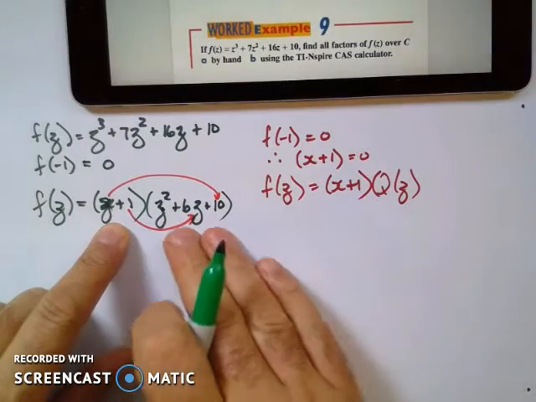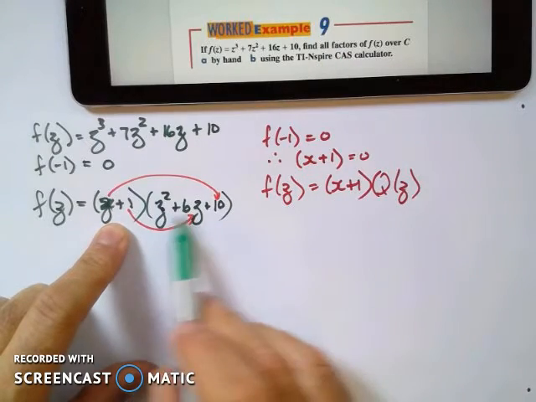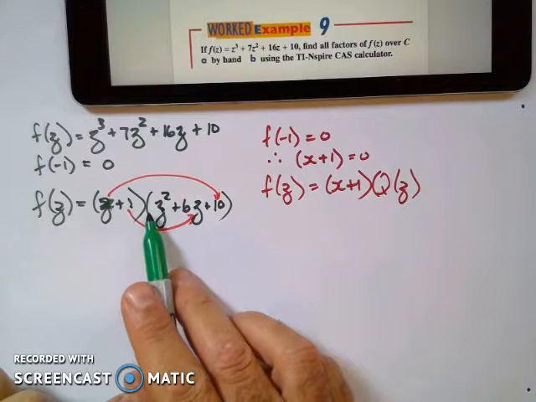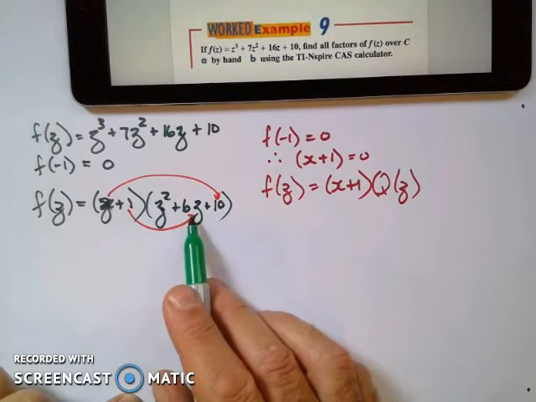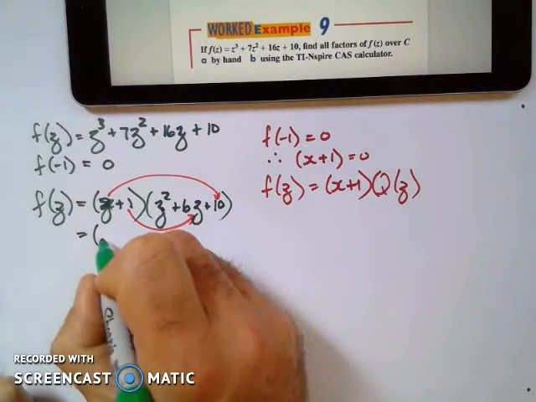So we know this is a factor and this is a factor. But the question says find all factors, which means we have to simplify this further. There's nothing in front, and 10 and 6 we can't factor using brackets, which means we will complete the square.